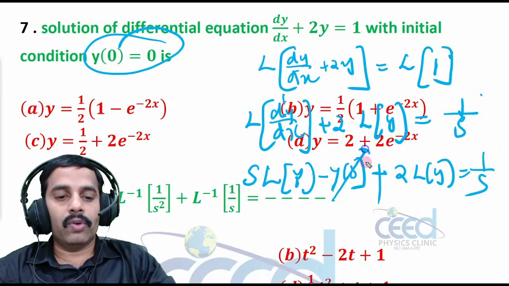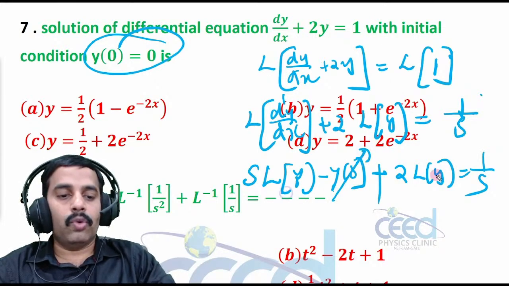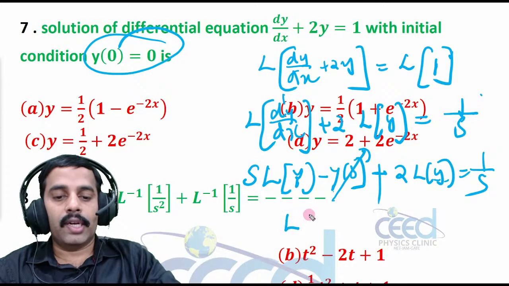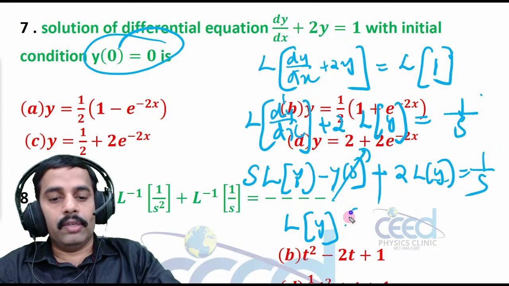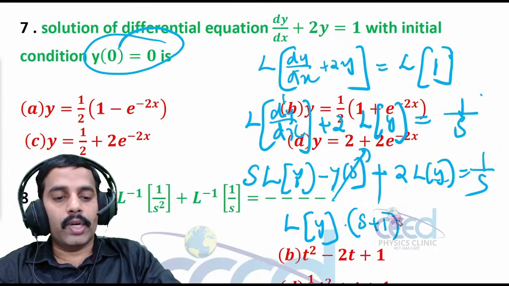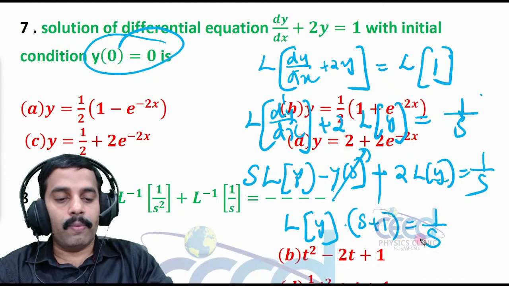So y of 0, this I can give as 0. The only term remaining is this. Here I can write Laplace of y, if I take out s plus 1, is equal to 1 by s, right?